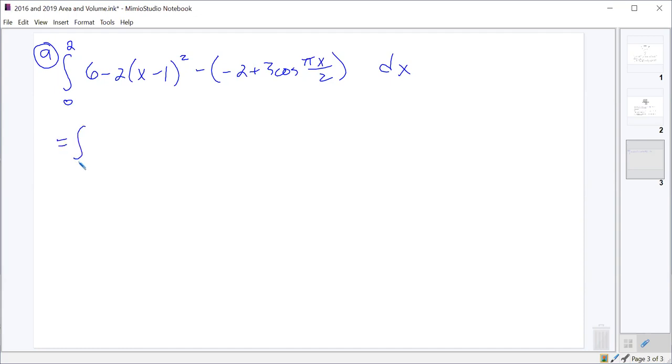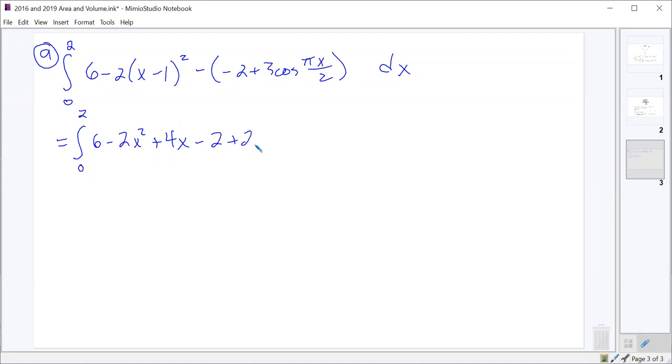So this should then become an integral from 0 to 2 of 6 minus x minus 1 squared times 2. So x minus 1 squared starts with an x squared term. So I'll just distribute the minus 2 to everything. So 6 minus 2x squared. And then it would give us a minus 2x, but we'll multiply that by negative 2 to give us a plus 4x. And we get a plus 1 times that is a minus 2.